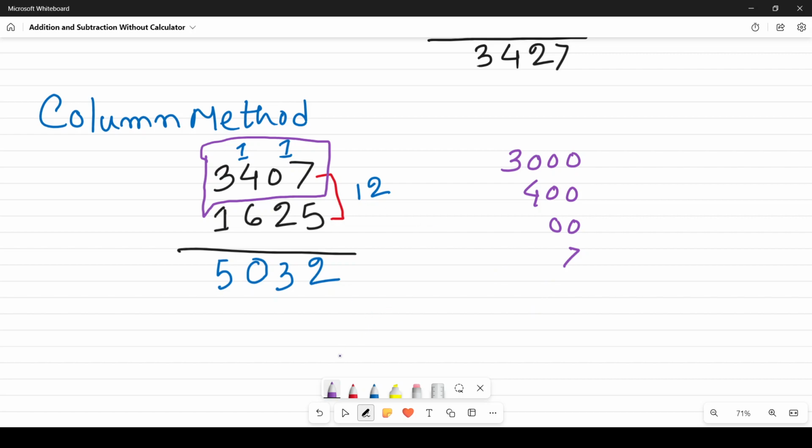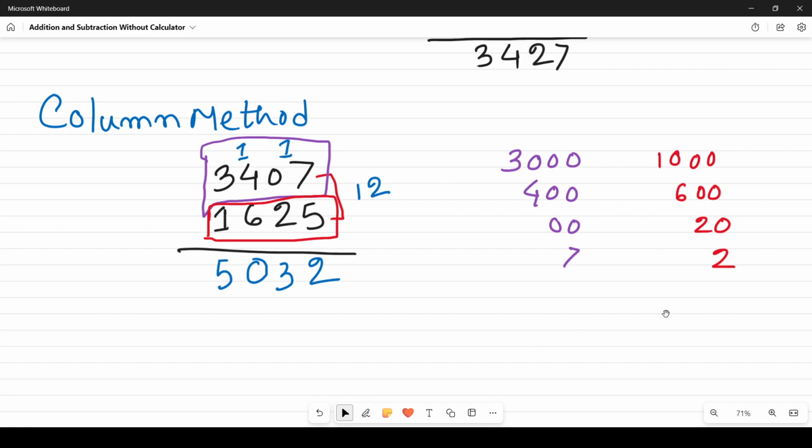Now split this other number into its place values. We'll have 1000, 600, then 20, and finally 2. Now if we add these individual place values and form the whole number, what are we going to have? Let's check.